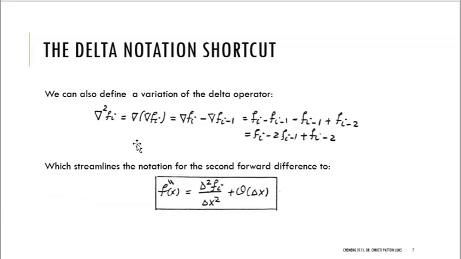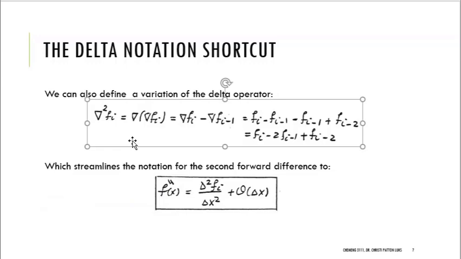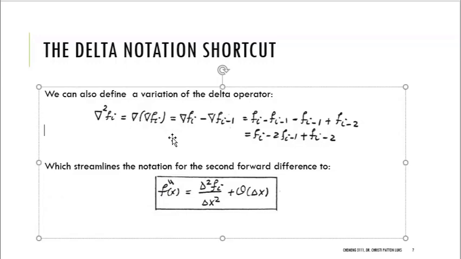And we can then use the shortcut notation. The delta of delta f i is going to be delta of f i minus delta of f i minus 1, right? Because that's what the delta means. And so I can evaluate the delta f sub i. It's f sub i minus f sub i minus 1. But then it's the delta of that.